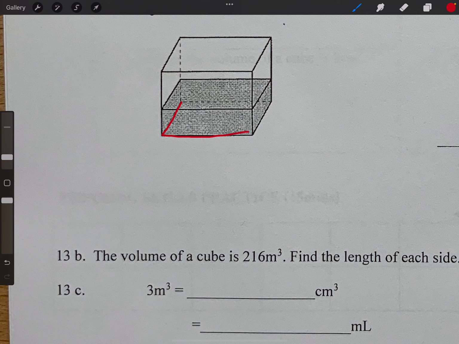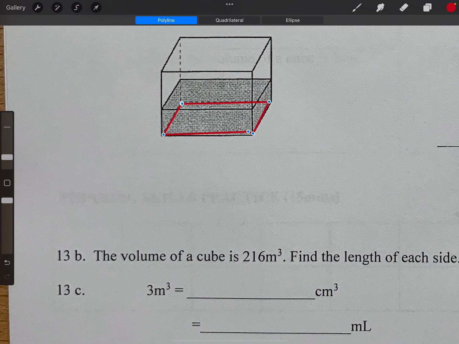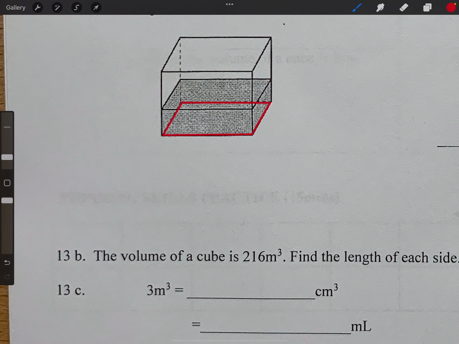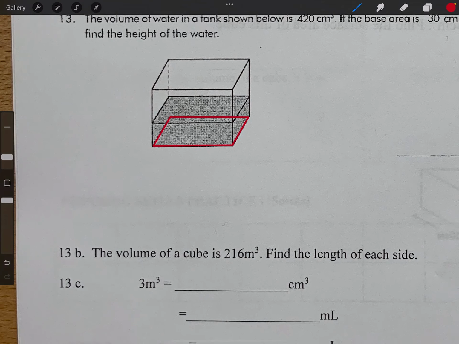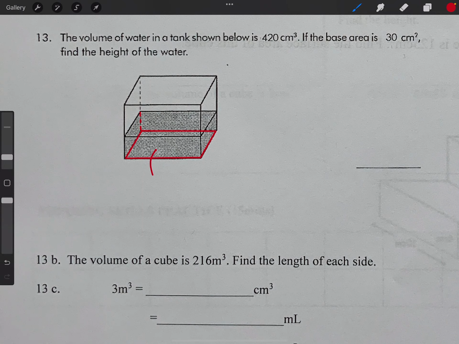This is the base of the rectangular prism here. Okay. Now it says that the area of this base area is equal to 30 centimeters squared. Now it says find the height of the water.